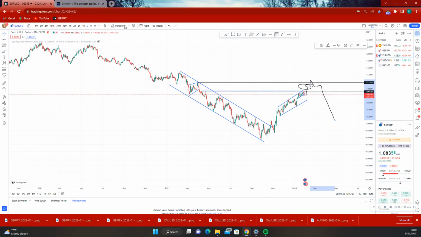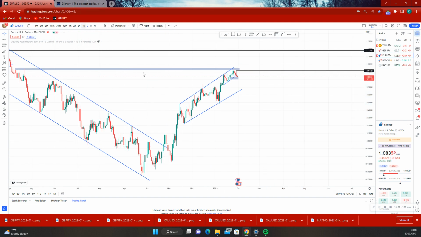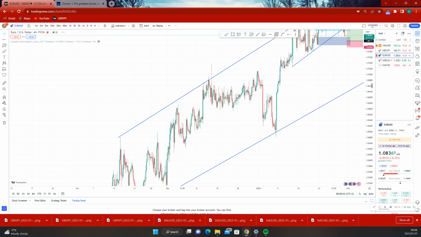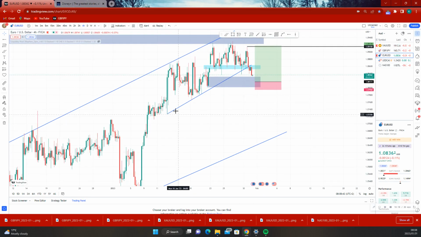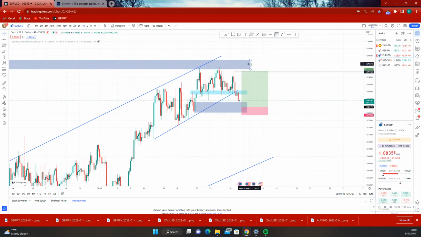Or we could actually continue going bullish, right? So going down the time frame, looking for a 4 hour trend, you can see this is our 4 hour uptrend, and we have a trend inside a trend as well. This is the trend inside our trend. That's our resistance right there.